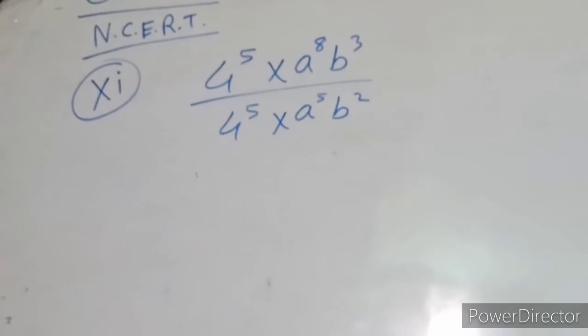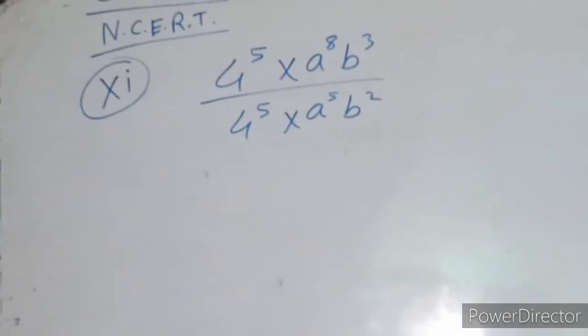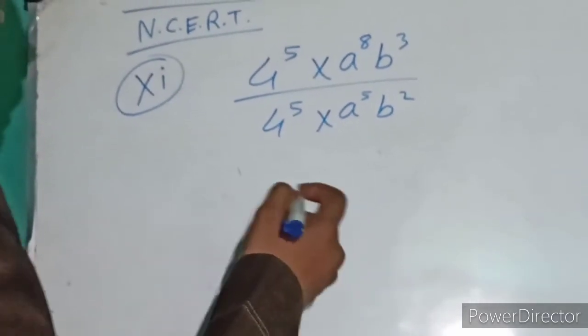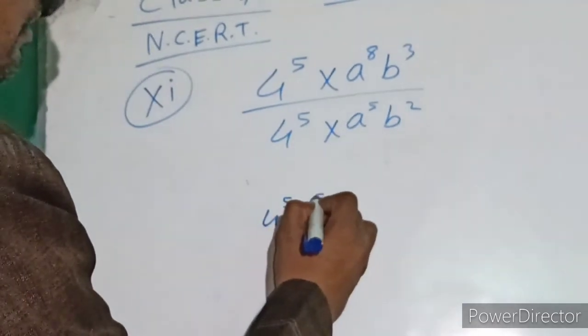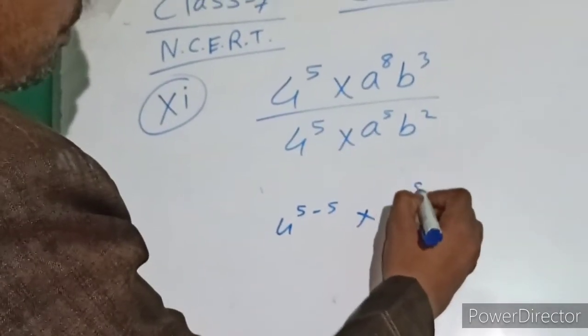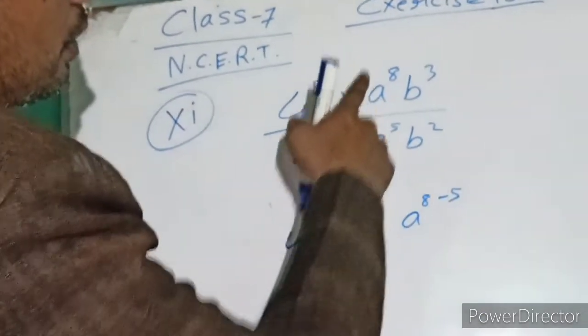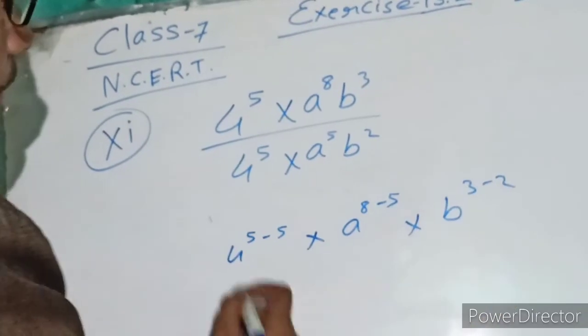Now take question number 11. In this question, all the numbers are already in the simplest form, so we will solve them directly. 4 raised to the power 5 minus 5, a raised to the power 8 minus 5, b raised to the power 3 minus 2.